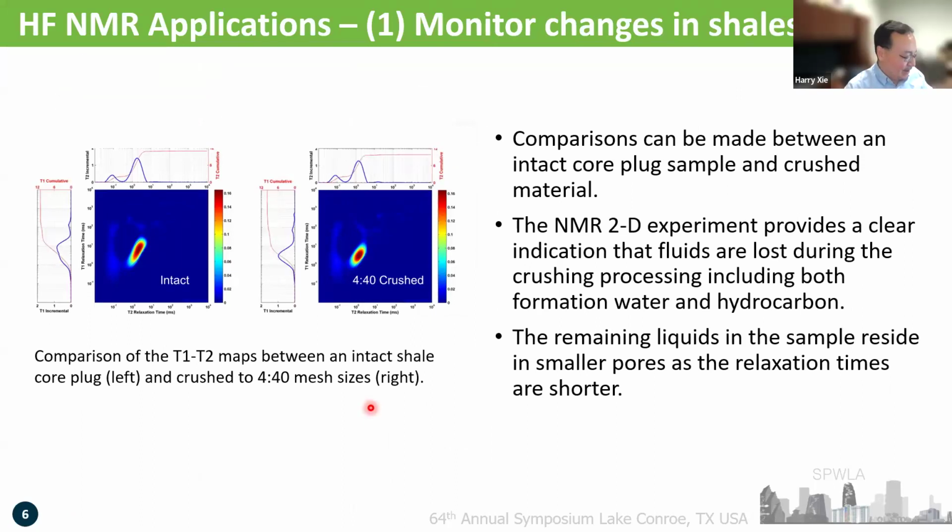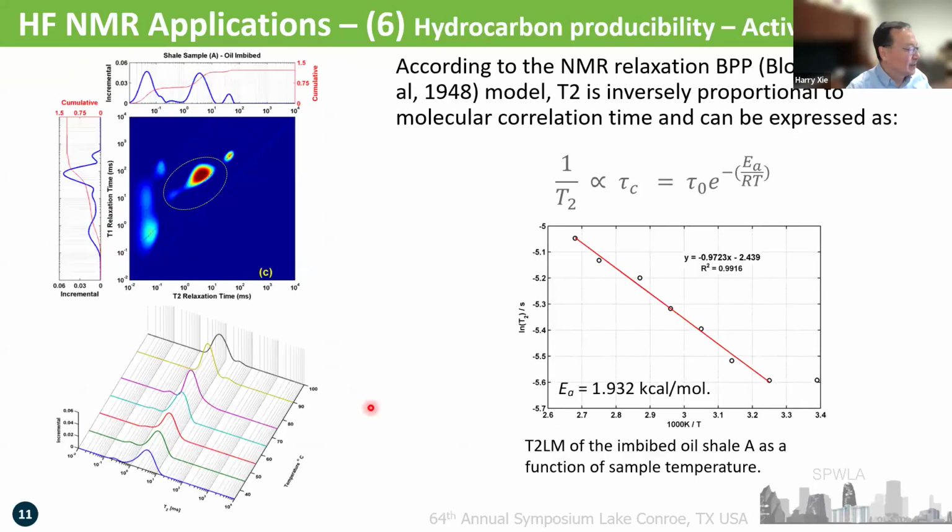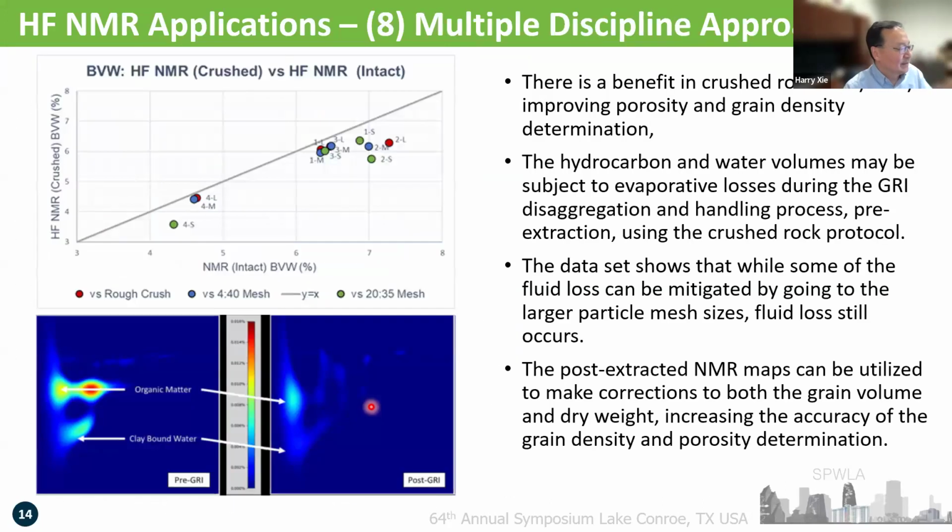Yes. If you go to that specific plot, this one. We have selected three different sizes. The reason for that is to try to understand, when you crush a sample, how much liquid evaporated from the sample.